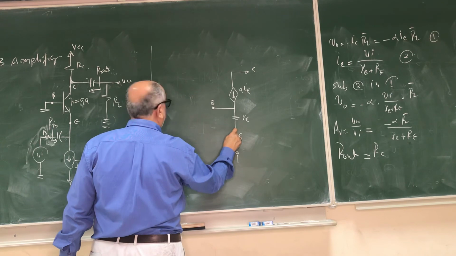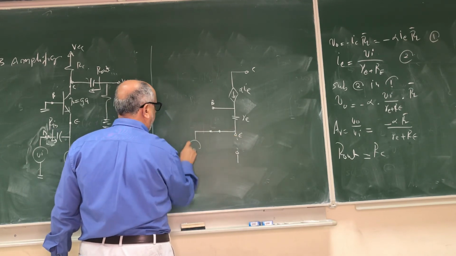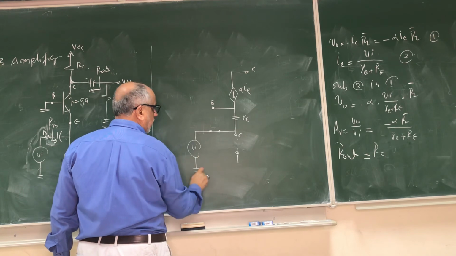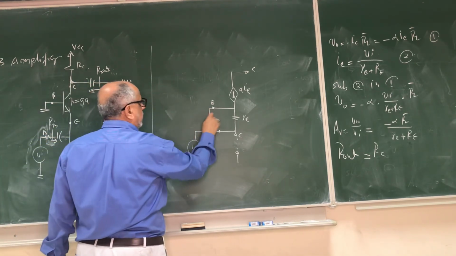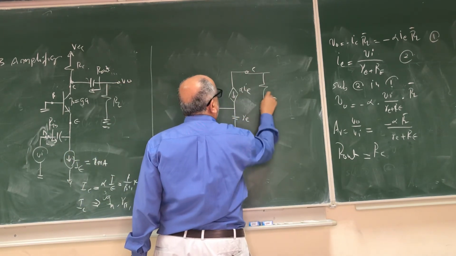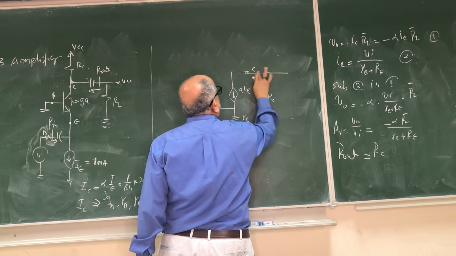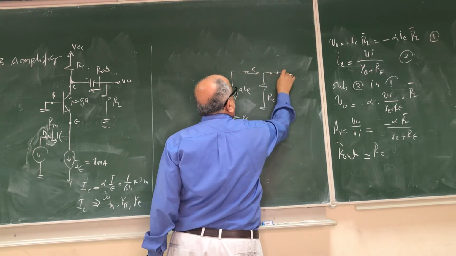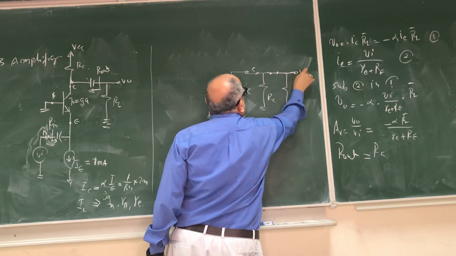And from here we have the capacitor, it will act as a short circuit, and we have the source Vi to ground. The base is grounded, so we ground it. And from the collector we have RC, sorry. And because the capacitor is already shorted out, we have RL, and that is V out.